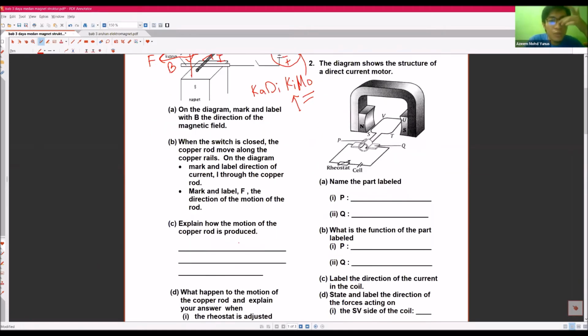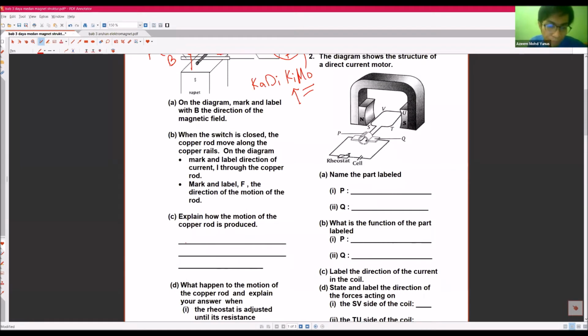Explain how the motion of the copper rod is produced. This is due to the catapult field.